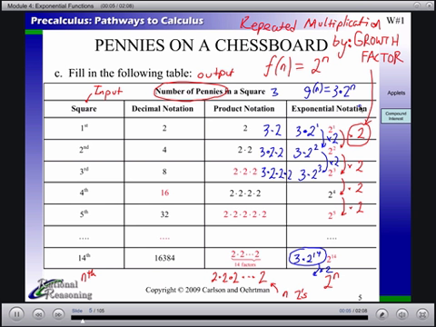Now, the last one on that page was at 4C. So just take 30 seconds there and see if you can do 4C.